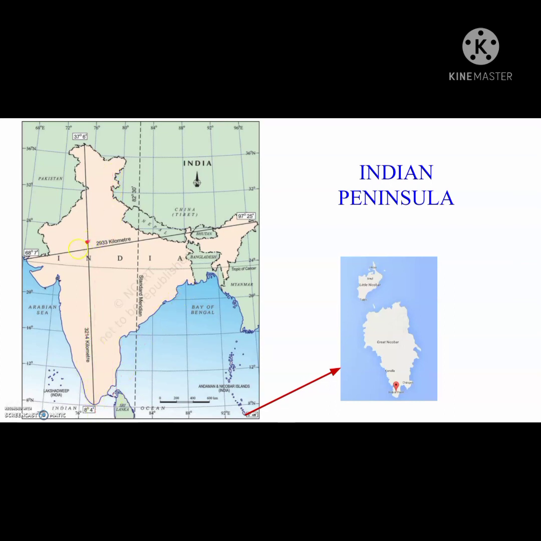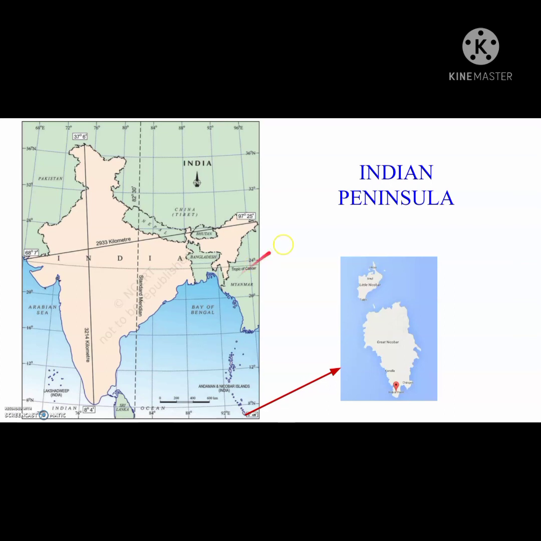In the same way, from west to east India covers a distance of 2,933 kilometers. To the southeast of the mainland are the Andaman and Nicobar Islands, and to the southwest the Lakshadweep Islands, in the Bay of Bengal and Arabian Sea respectively.